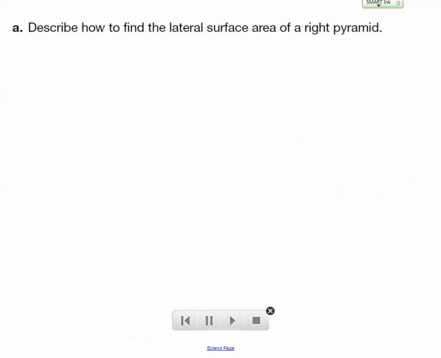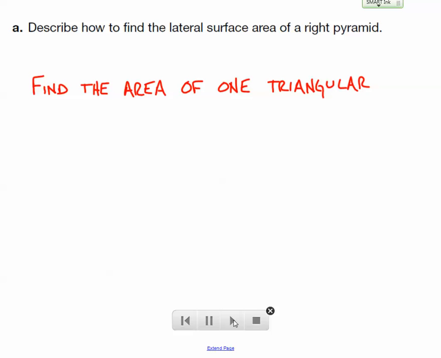Here we go. Describe how to find the lateral surface area of a right pyramid. Well, one way we could do it is to find the area of one face of the pyramid, and those faces are triangular faces.